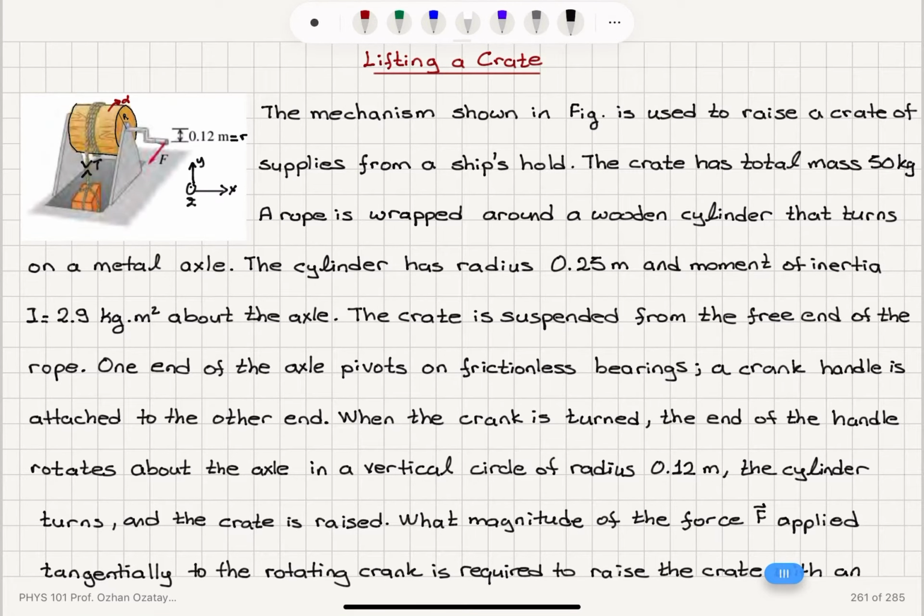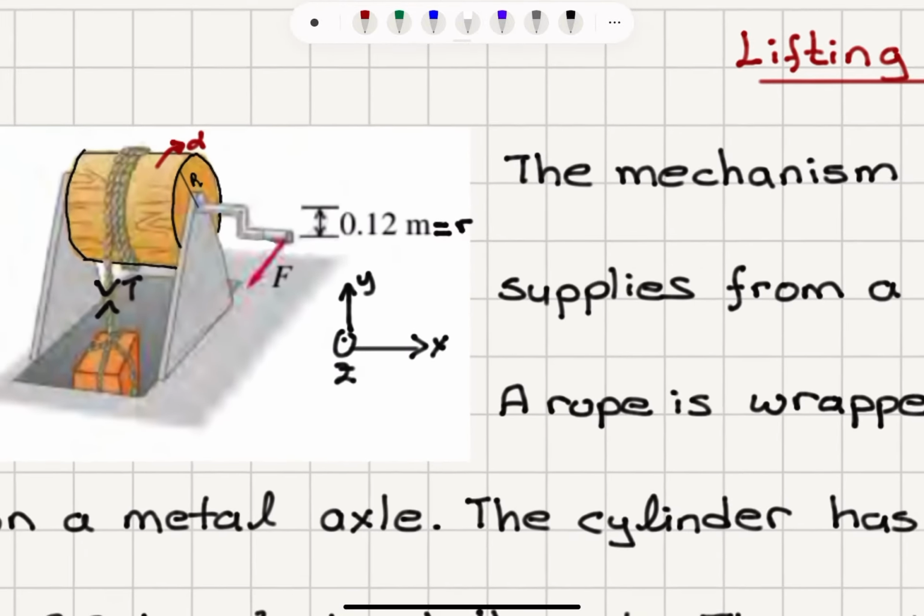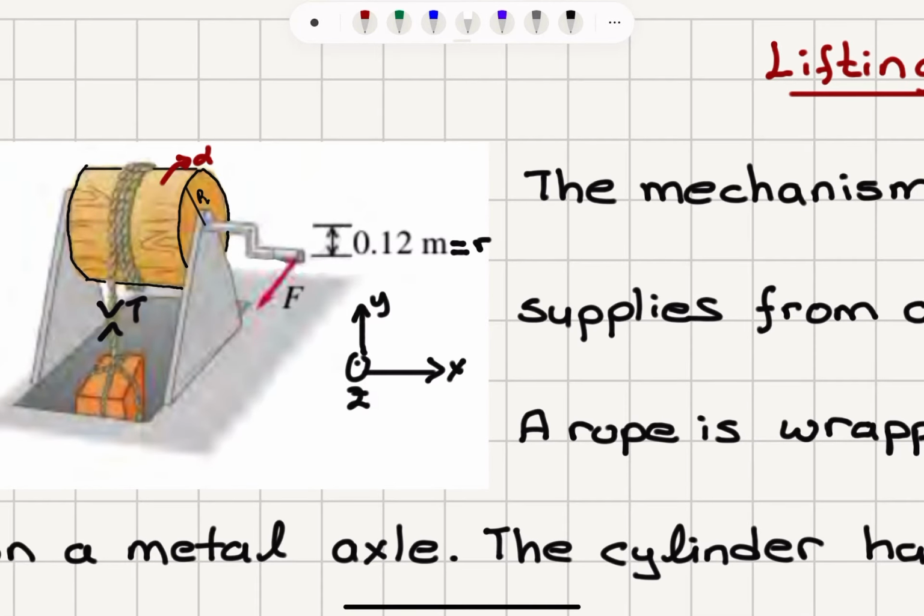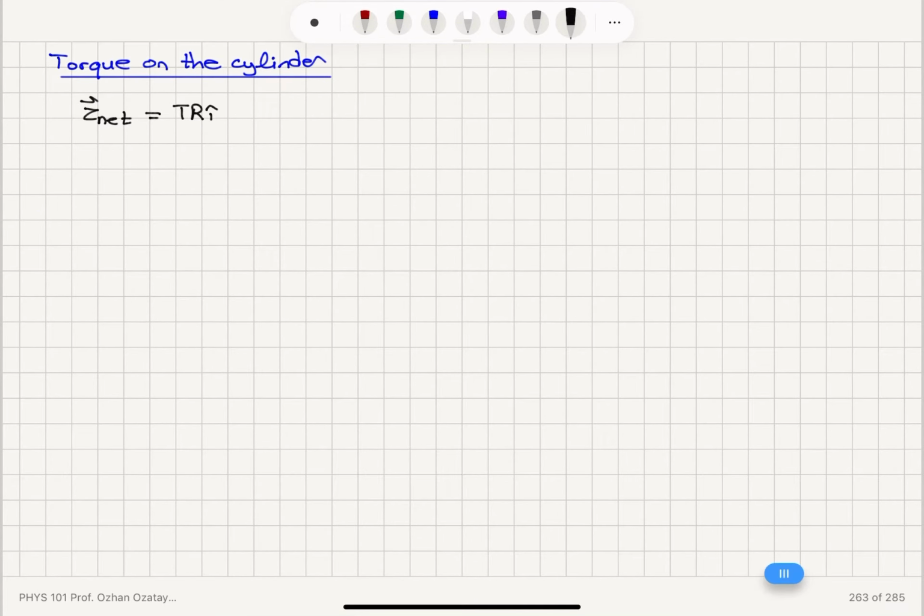And now there is a tangential force being applied. So that's the perpendicular distance to the pivot point. I point from the central axis towards the application point, curl my fingers towards F, and I see that the torque it causes is in the minus i hat direction, and that would be this r times F in the minus i hat direction. So the torque I find is minus F r in the i hat direction. The tension I have calculated was 560 newtons.